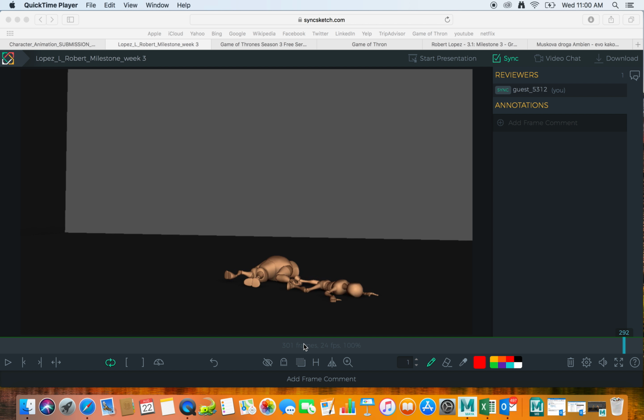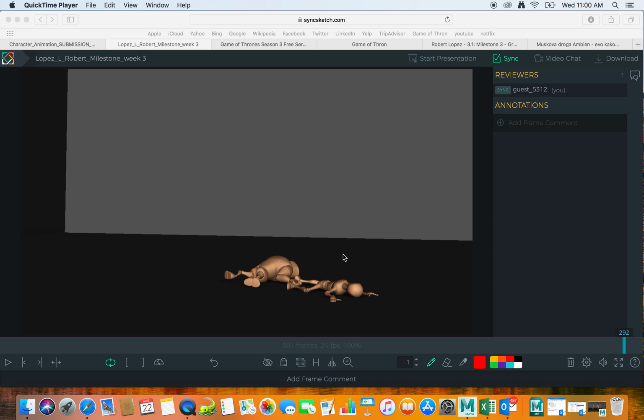Or if you want to have it all together as you have it right now, then I would change the camera angles, right? So I would have a camera here up to a certain point, and then I would move the camera somewhere else to show the best you can the action that is happening.